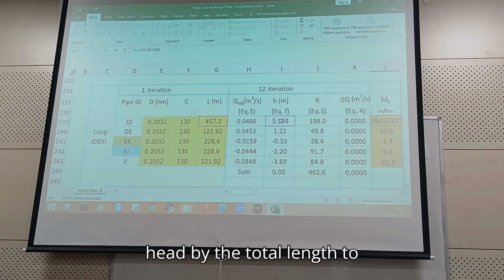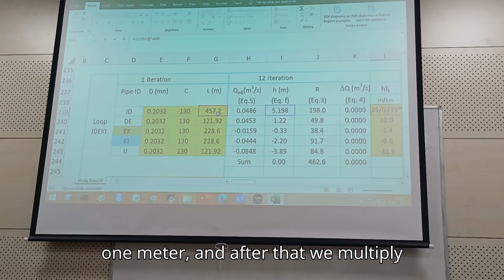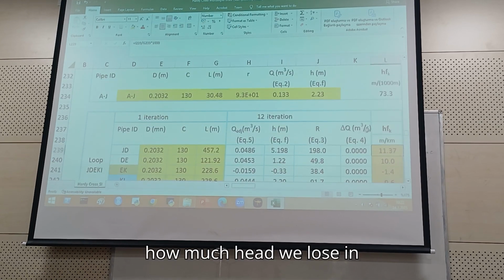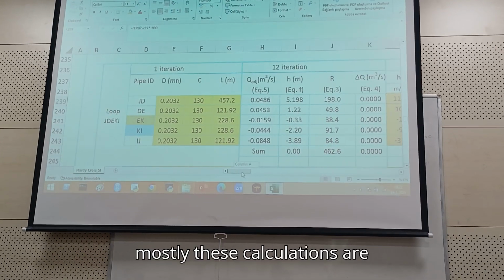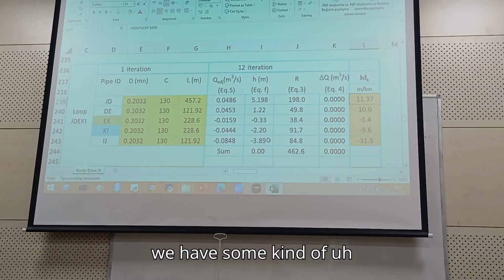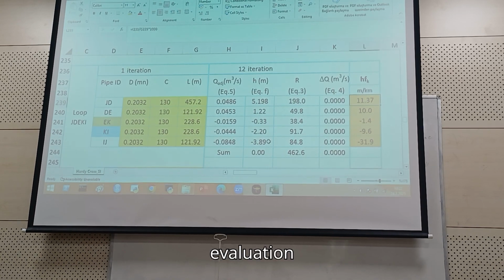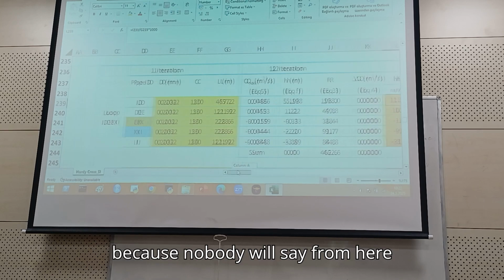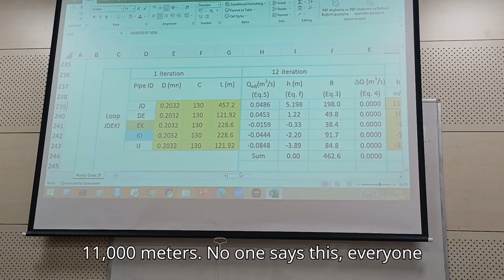We divided head by the total length to find out how much head we lose in 1 meter, and after that we multiply it by 1000 to find out how much head we lose in 1 kilometer, because mostly these calculations are performed in kilometers, or we have some kind of evaluation process considering the kilometers, because nobody will say from here to Beşiktaş it is 11,000 meters.